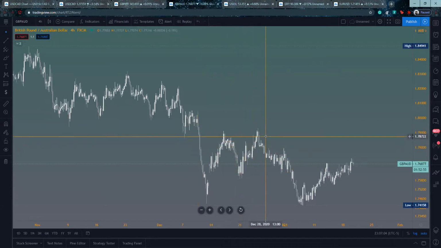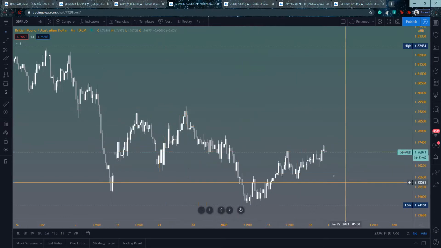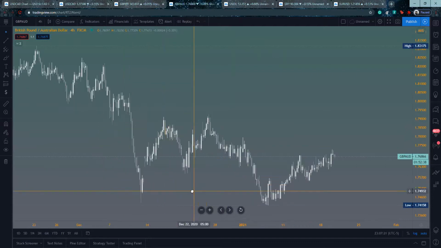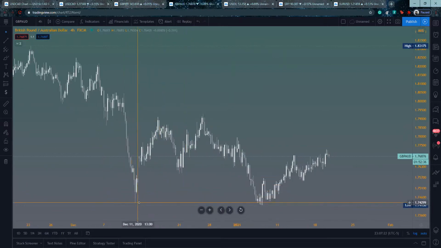and then it came back and broke this equal high. Breaking this equal high here is a little bit confusing because, for one, it could definitely be creating a redistribution, but it could also mean that price would be heading in a bullish direction. However, then we continue and we take out the previous low.